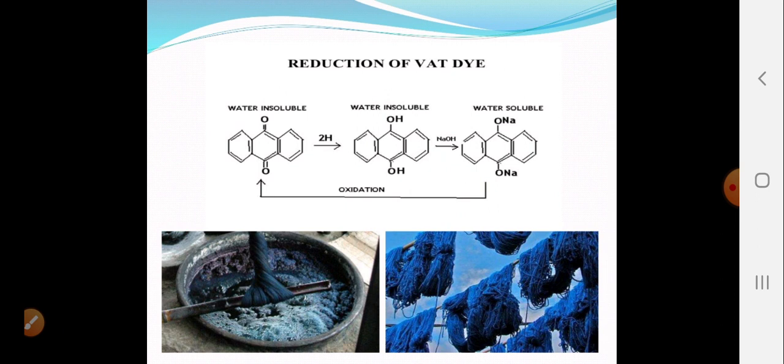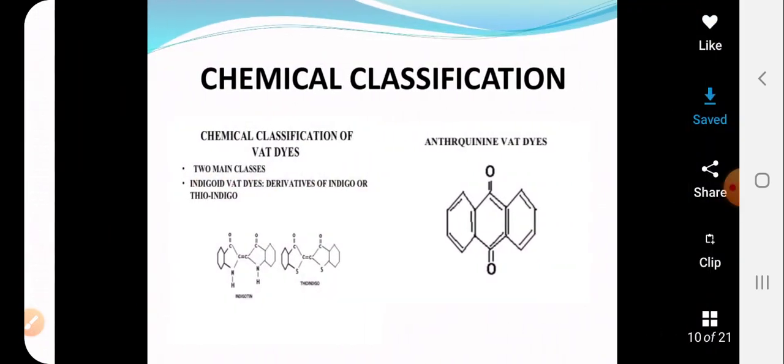After reduction it becomes water soluble, then the dyeing process is done, then after finishing dyeing, oxidation is done to make it water insoluble again.